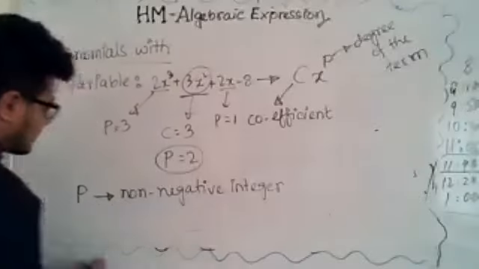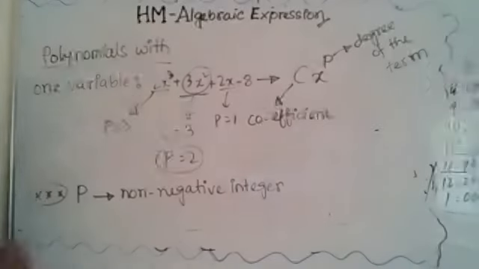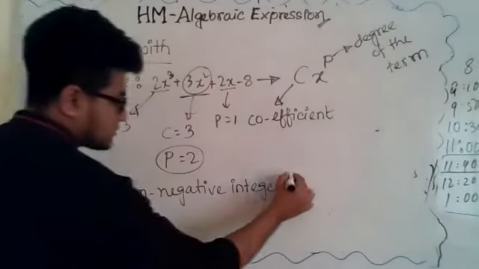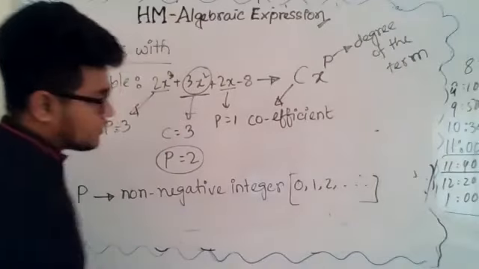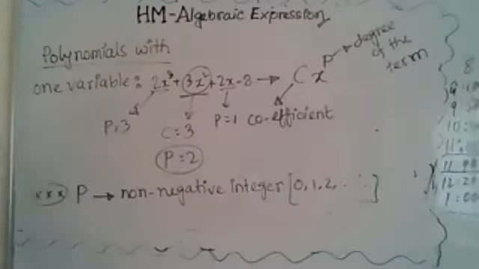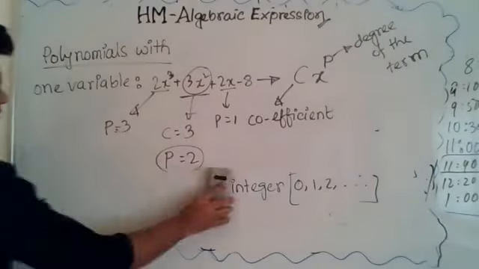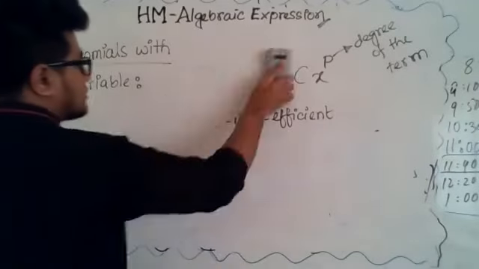This is a condition that must be satisfied. That means starting from 0, it can go up to infinity. So moving on, we will now see the polynomial with 2 variables.